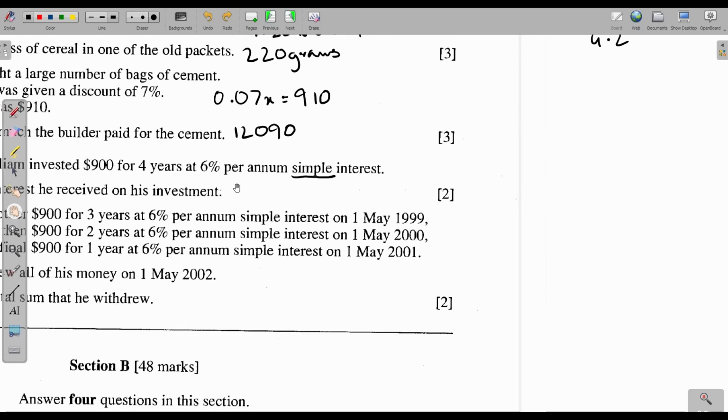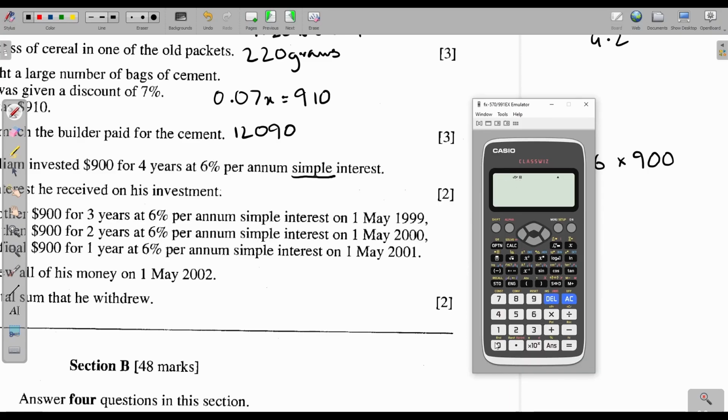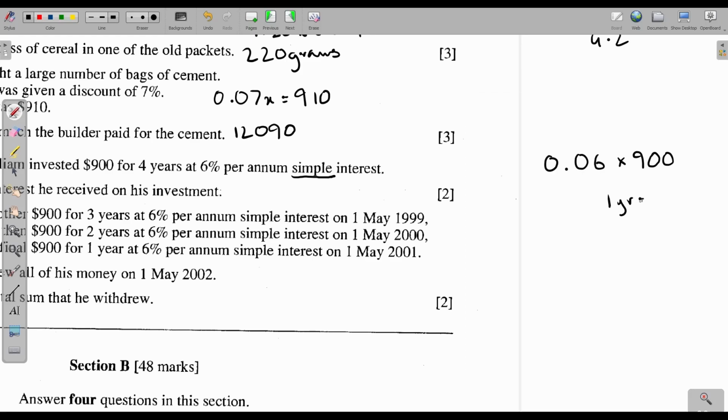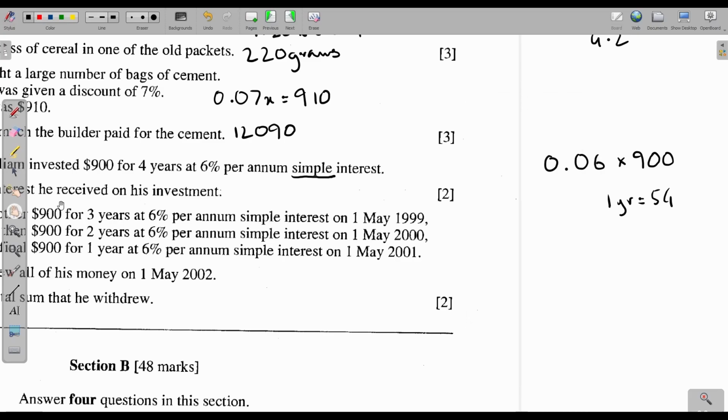So 6% of 900 is 0.06 into 900, which is 54, and if we multiply that by 4 years, we get 216. So 1 year was 54, and 4 years was 216.